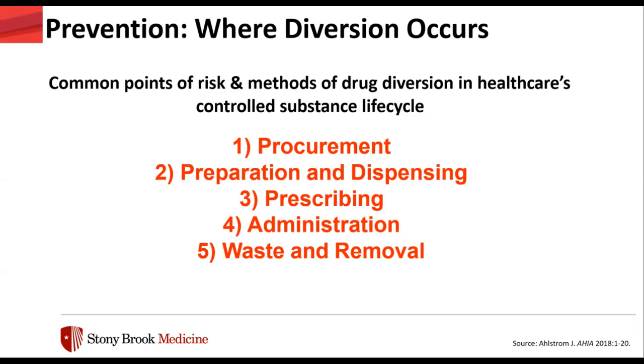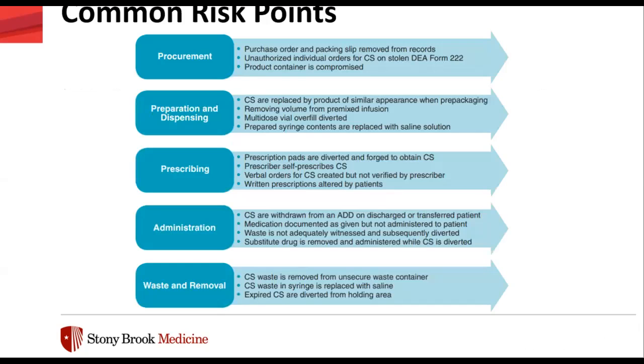The most common points are throughout the controlled substance life cycle. From procurement, preparation and dispensing, prescribing and administration, and all the way to waste and removal, they're all points where drug diversion can occur in the healthcare setting. So how do individuals do this?